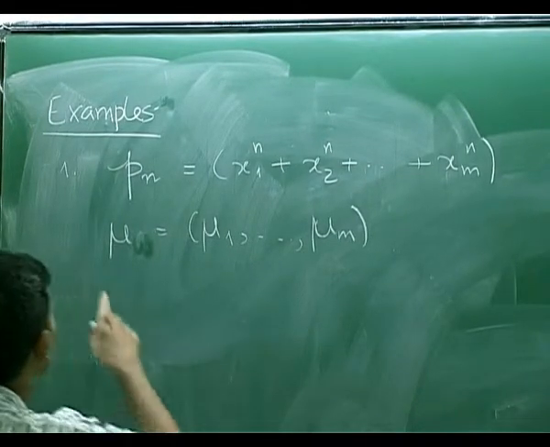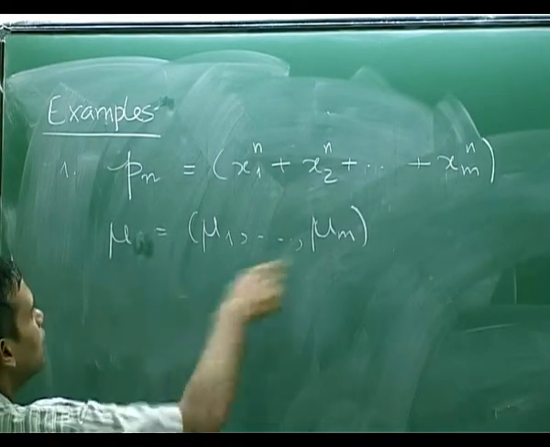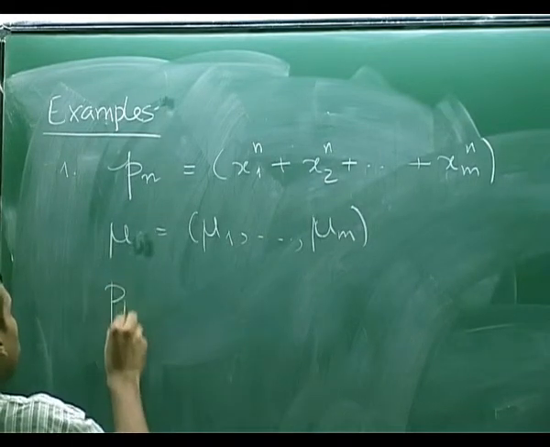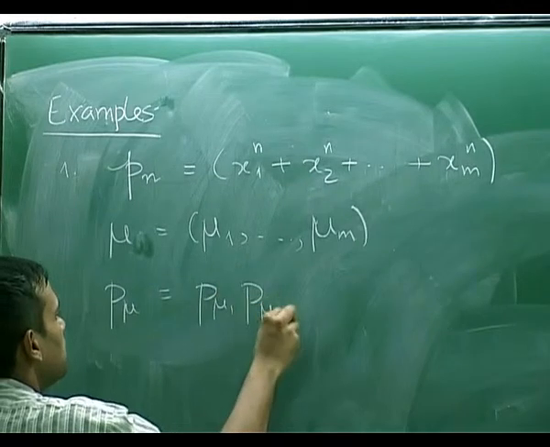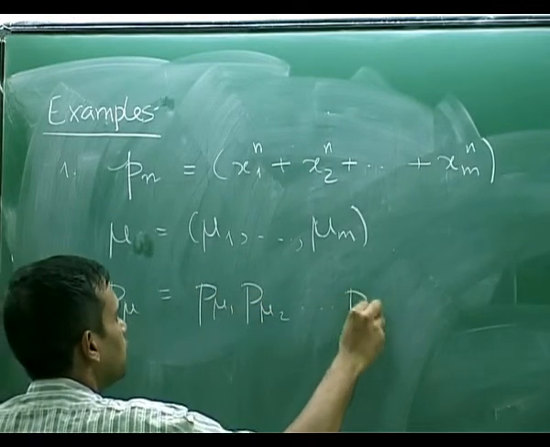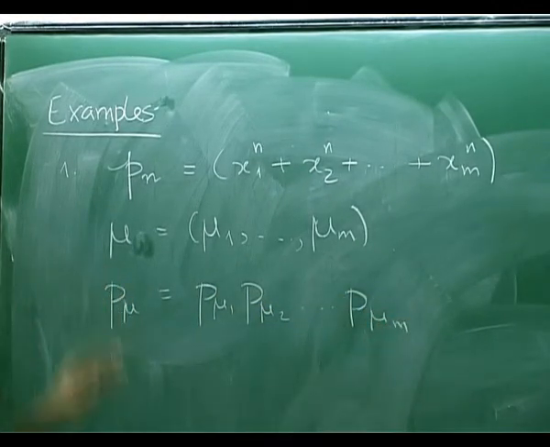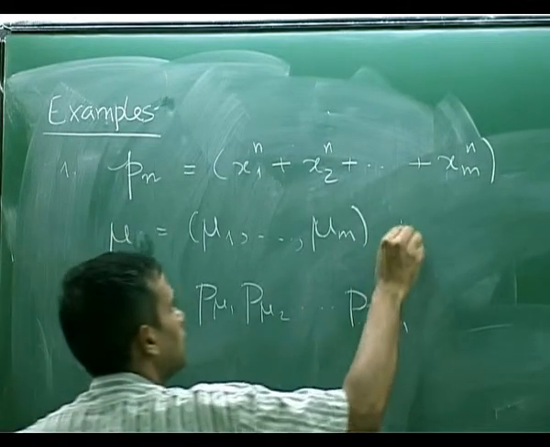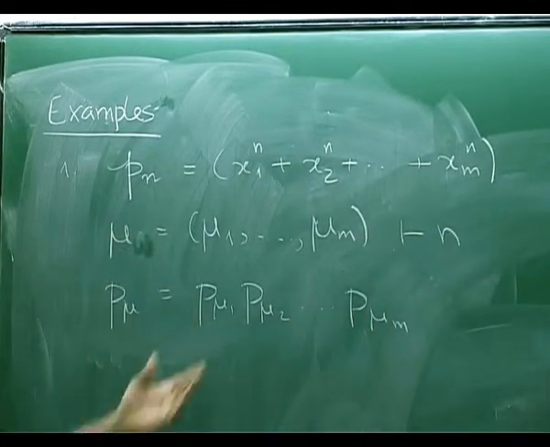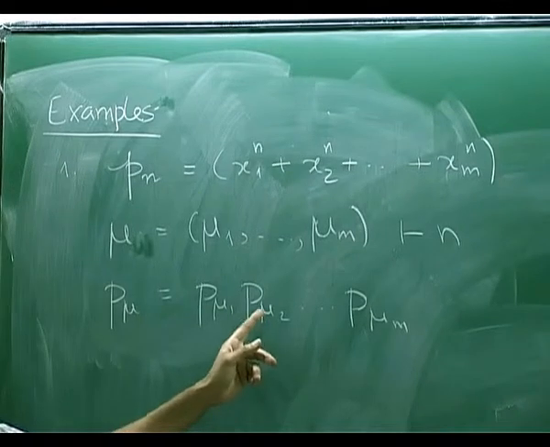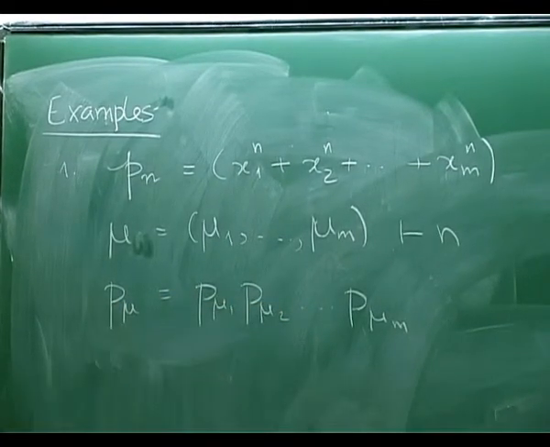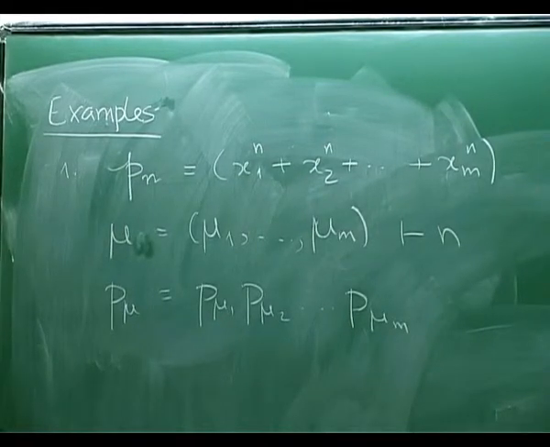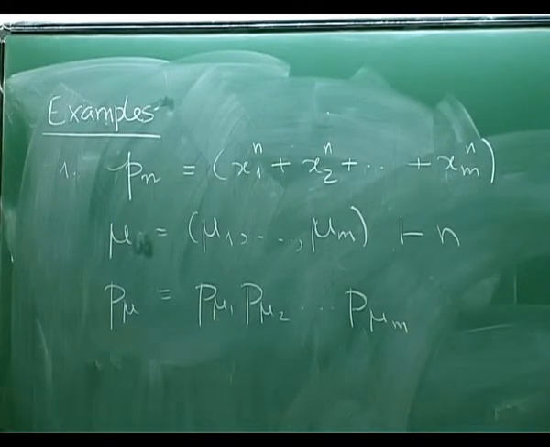Well, I guess here it doesn't matter. So we get p_μ to be the product p_μ1 p_μ2 ... p_μm, and if this is a partition of the integer n, then this will have degree μ1, this will have degree μ2, and so on. So this p_μ will have degree n. This p_μ is a homogeneous symmetric polynomial of degree n in m variables.